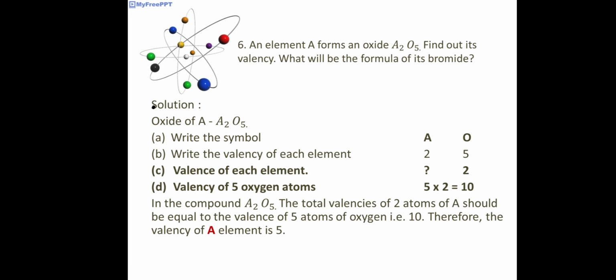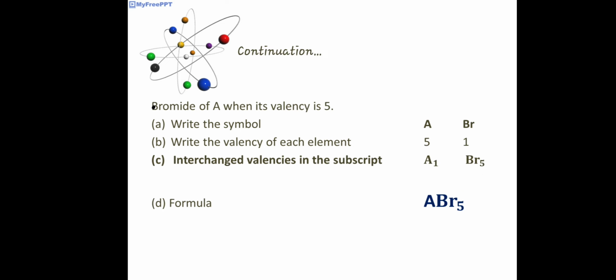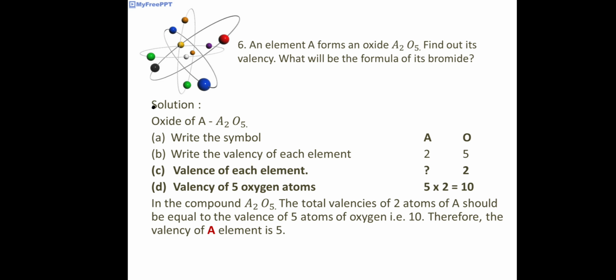Okay, so I know that you will be questioning me, where does the oxygen go now, ma'am, in this formula? Of course, mawawala na siya because you are focusing on the bromide. So, from the given formula, it is actually the combination of the element A2 and O5. So, from A2O5, it will make the chemical formula of bromide.